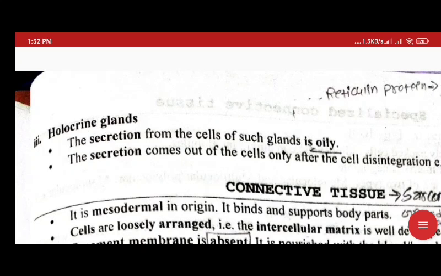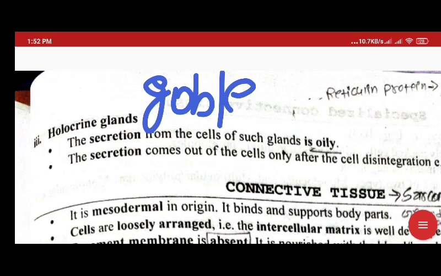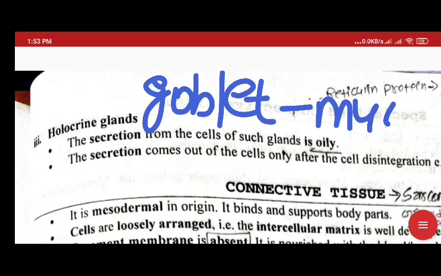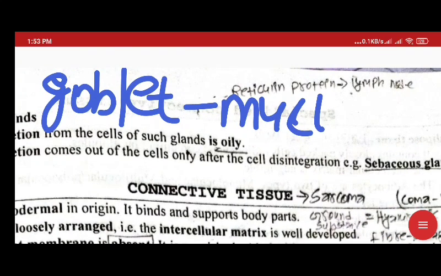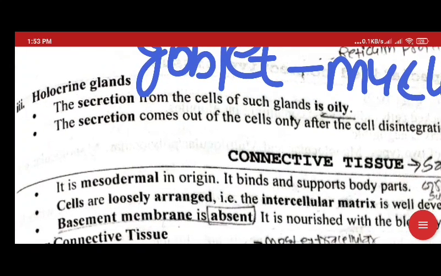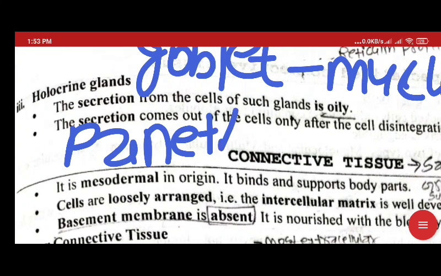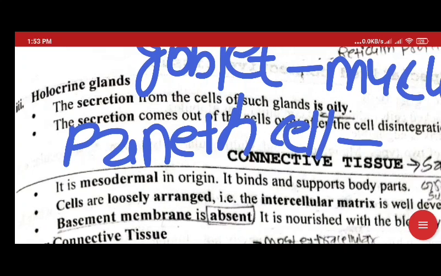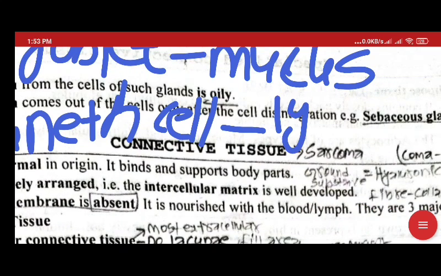Goblet cell secretes mucus. You should write: goblet cell secretes mucus. Also we have Paneth cell. Paneth cell secretes lysozyme.